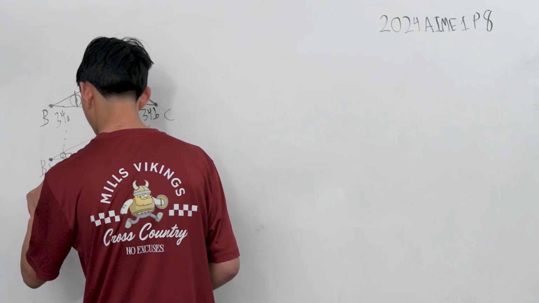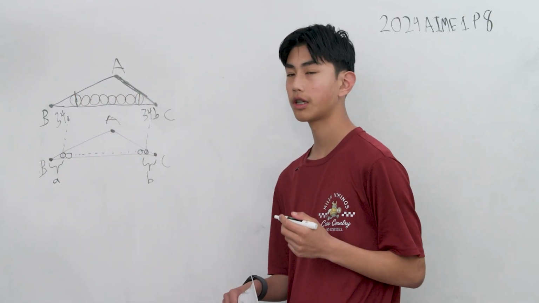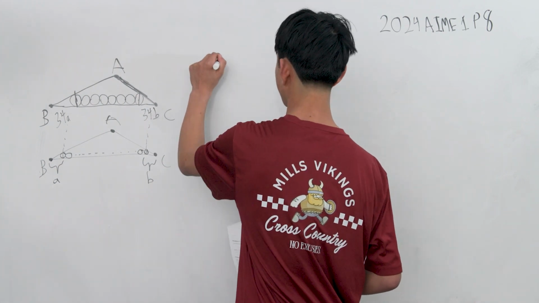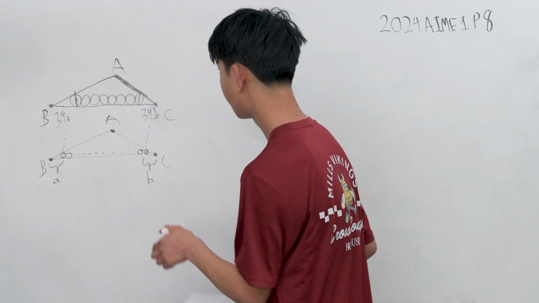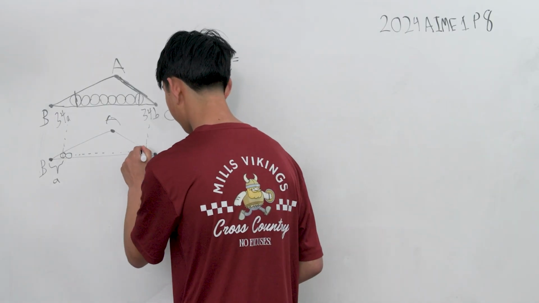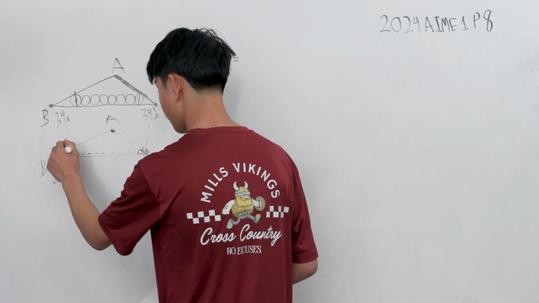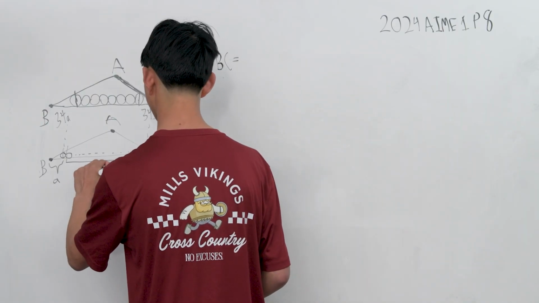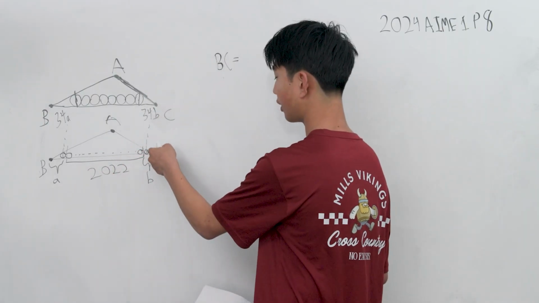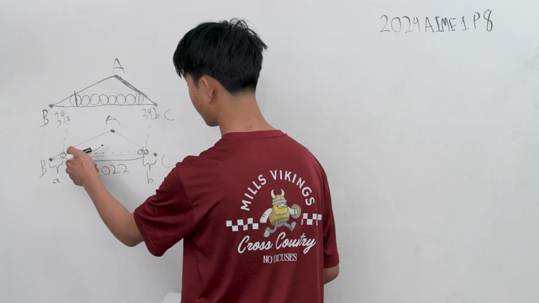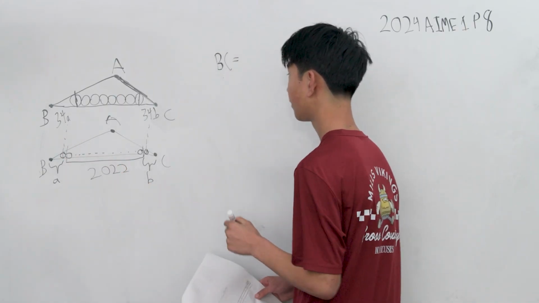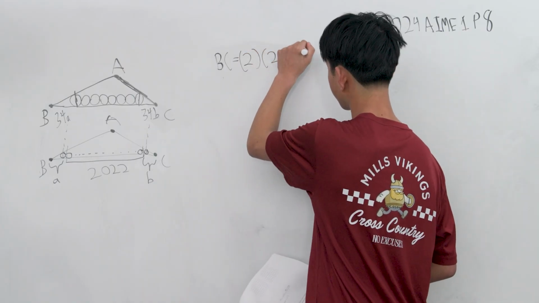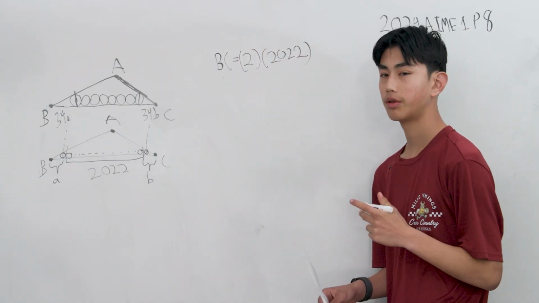We therefore have 2 different ways to express the length of BC. So BC is equal to, if we take this case, starting from this circle to this circle, you have 2022 circles. But then you're excluding the halves of the circles that were cut in half. So you do 2 times 2022, because the diameter of each circle is 2.